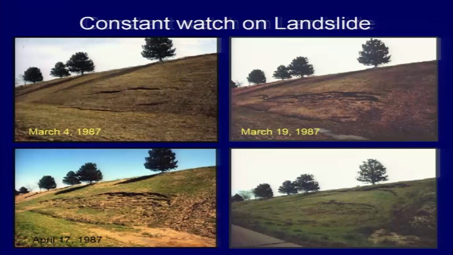Finally, it affected the upper part also, and this was in 1990. So almost, if you see, '87, three years later, the effect of the landslide has covered almost the entire slope.